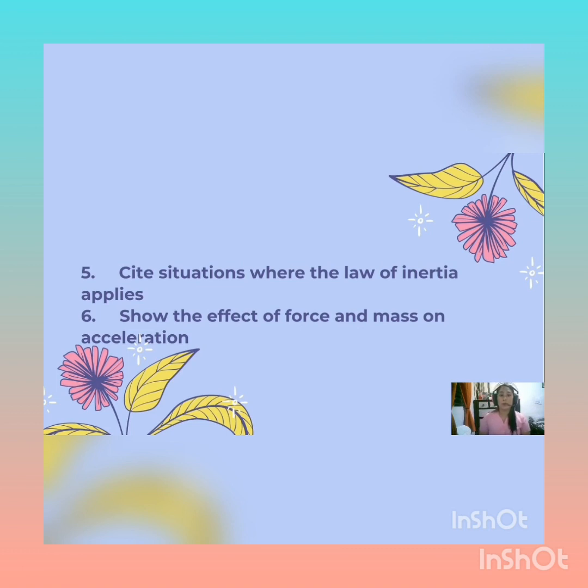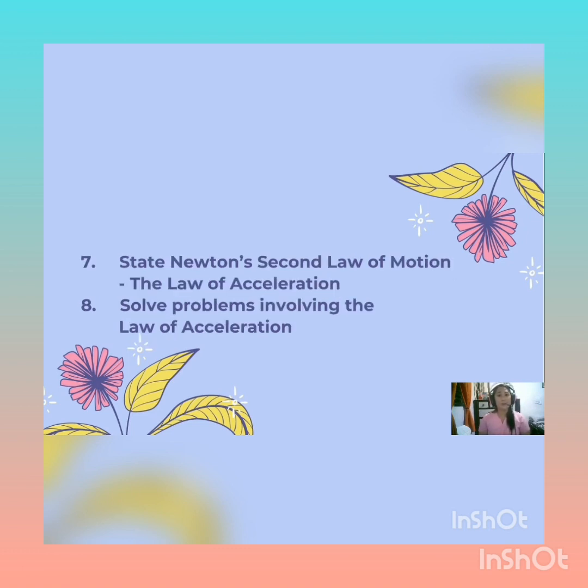Number 6, show the effect of force and mass on acceleration. So what is the relationship between force, mass, and acceleration? Number 7, state Newton's second law of motion, which is the law of acceleration. That is because for your Week 1, Module 1, you will be having two different kinds of laws of motion.